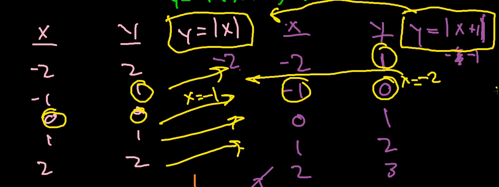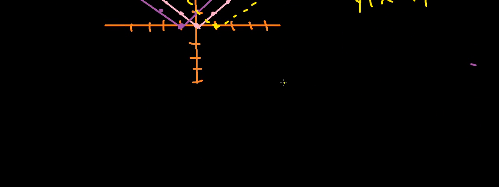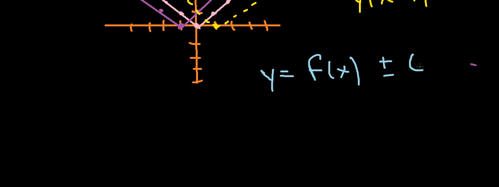So this is all there is for vertical and horizontal shifts. Let's just quickly review. When we have y is equal to f of x plus or minus some constant, then it's a vertical shift. If it's plus, it's up.